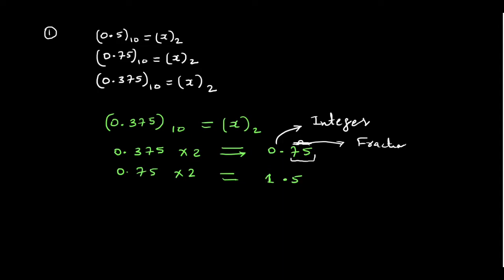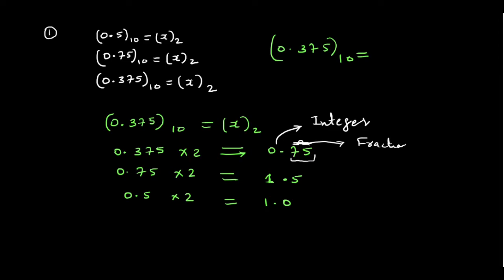Again what we have to do? 0.5 you have to multiply again by 2. So what we get? We'll get 1.0. So till we get 1 we have to multiply by 2. Now we can write the answer. So 0.375 to the base 10 equals, we have to start from here, from top.